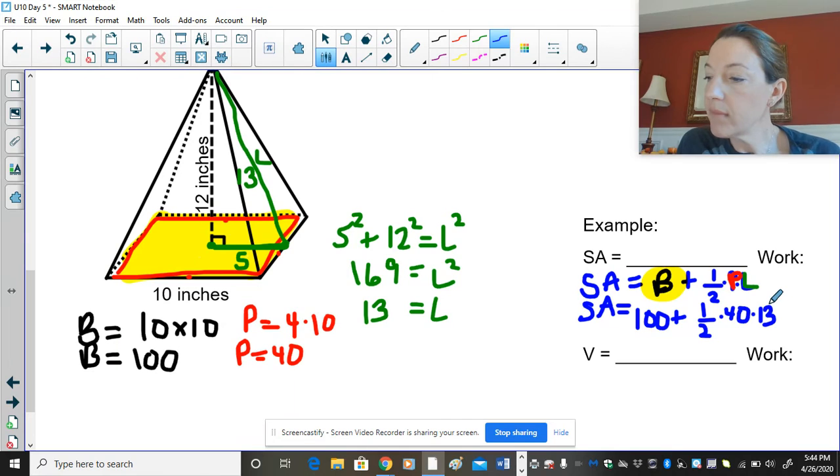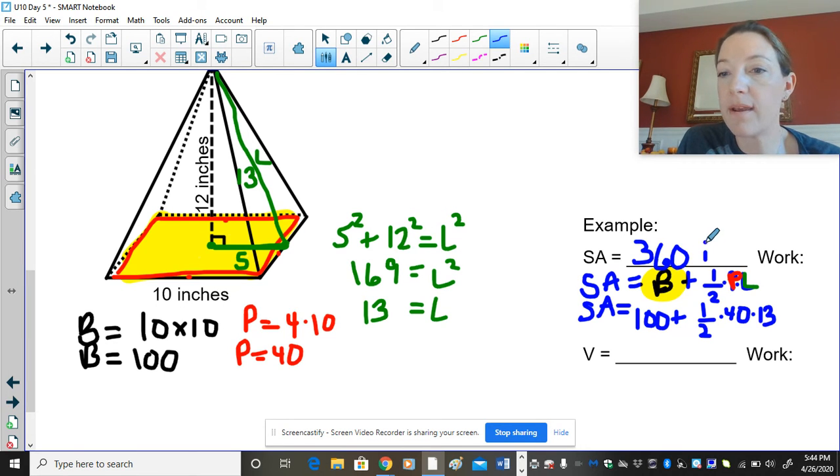It's up to you. If you did half times 40 times 13, it would be okay for you to add on the 260 to the 100. 360 square inches. Good job, you guys. 360 square inches for the total surface area of the pyramid, which does include that square base.